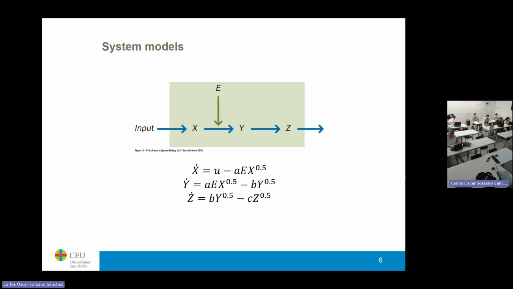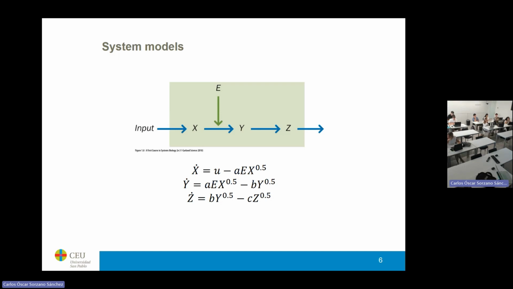And then Y derivative is A X^0.5 minus some G Y^0.5. Okay, so now I can write a vector. I would like to have a thinner vector.